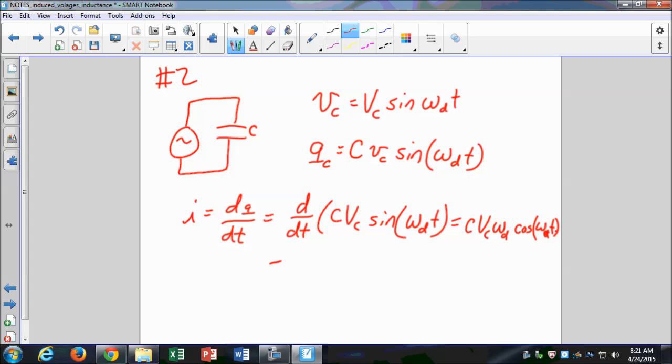We're going to define something here called the impedance. I can write this now as VC over XC times cosine of omega dt. Here XC is called the capacitive reactance.